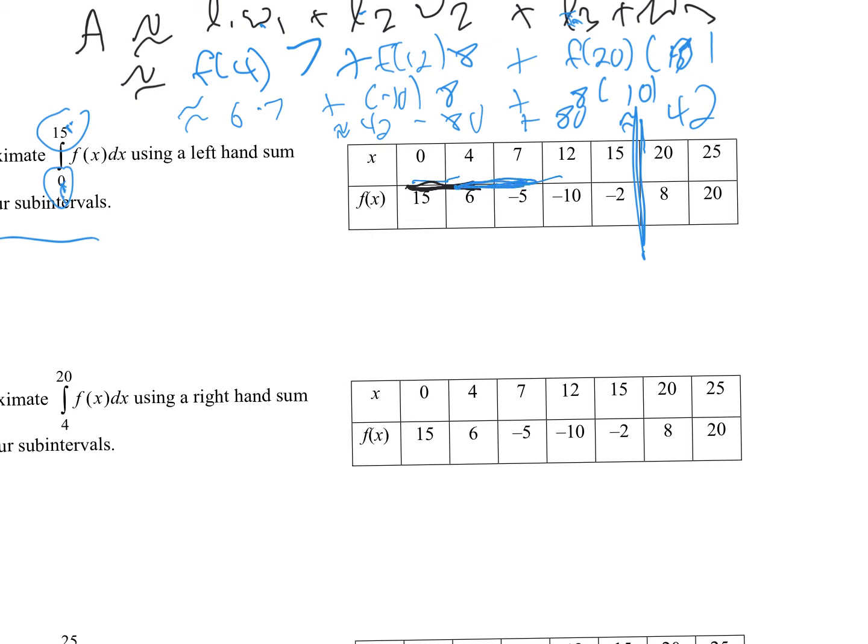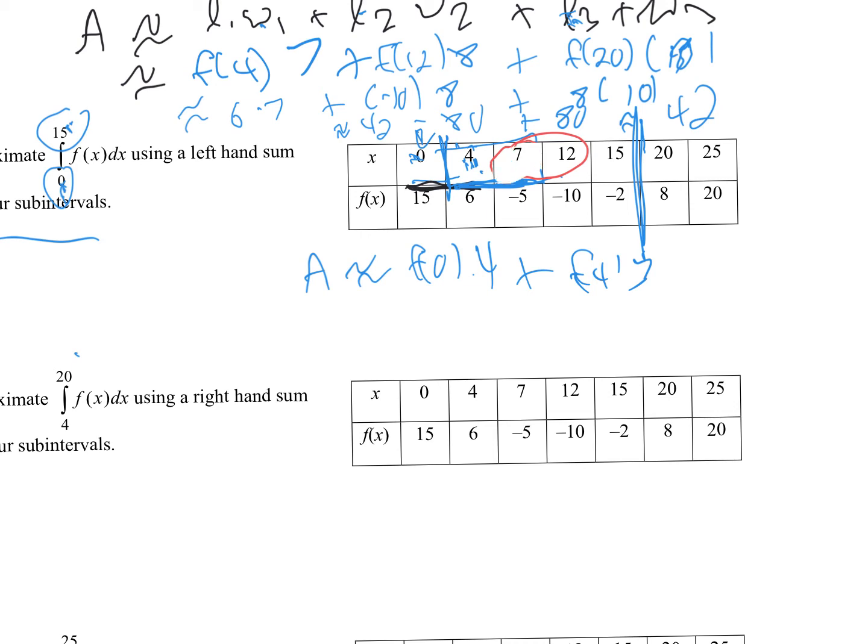So why don't I just do those two first? Area is approximately, and I'm doing the left. The first one, the left is 0. f of 0, that distance from 4 to 0 is 4. The next left, believe it or not, is the 4, f of 4. That distance here, 7 minus the 4 is a 3. My next one is this one right here. And I write all over my paper.